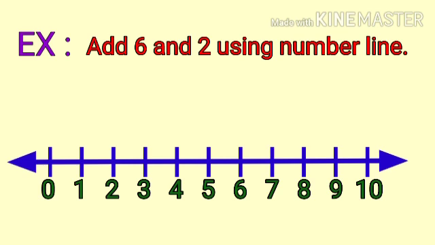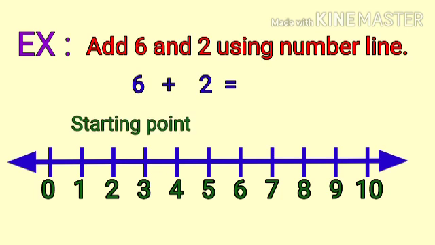Next, we should mark the starting point on this number line. Here we are adding 6 and 2. So the starting point is represented by 6 because the first number represents the starting point.